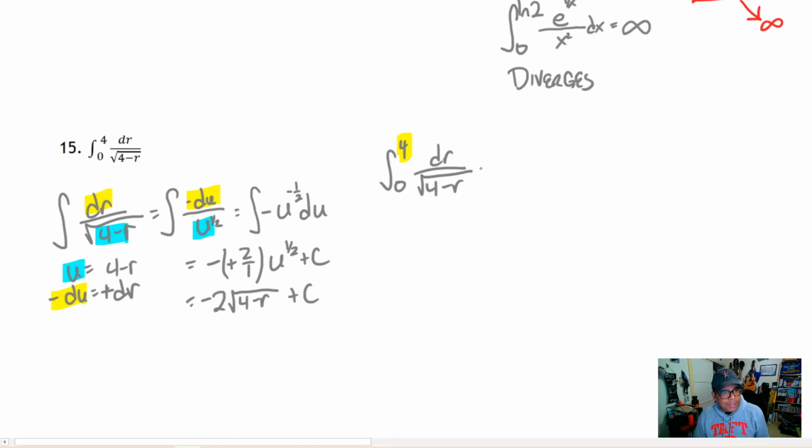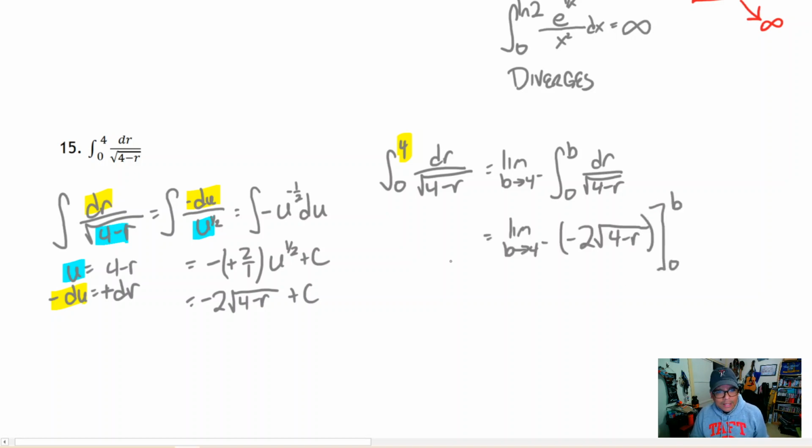So we're going to replace that upper limit and use a limit as b approaches 4, technically from the left, of the integral from 0 to b of dr over root 4 minus r. Of course, we already know the antiderivative, so that makes this part easier. This is just a limit as b approaches 4 of negative 2 root 4 minus r from 0 to b.